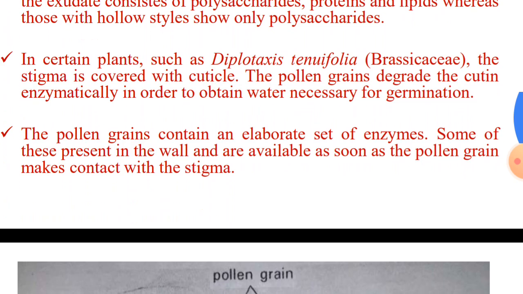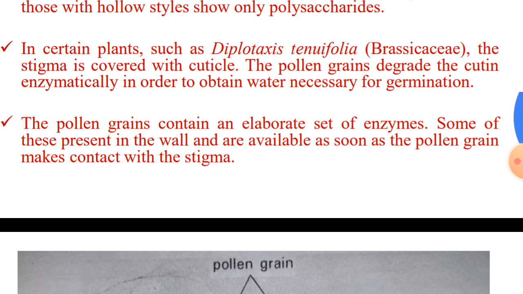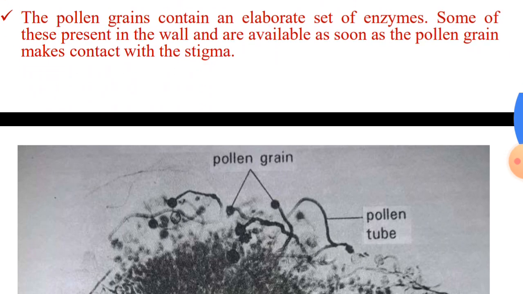In certain plants, for example Diplotaxis tenuifolia, family Brassicaceae, the stigma is covered with cuticle. The pollen grains degrade the cutin enzymatically in order to obtain water necessary for their germination. That is, the cuticular surface of the stigma dissolves by enzymatic action and produces water that is necessary for germination of the pollen grains.